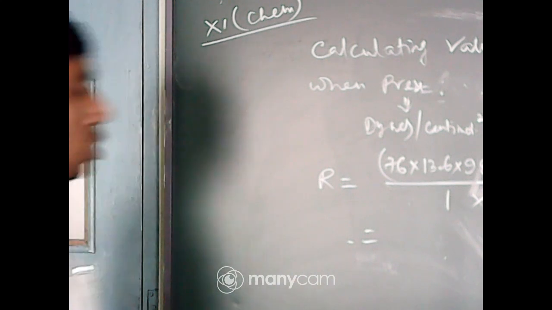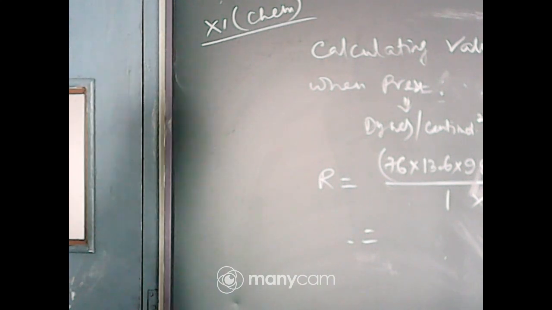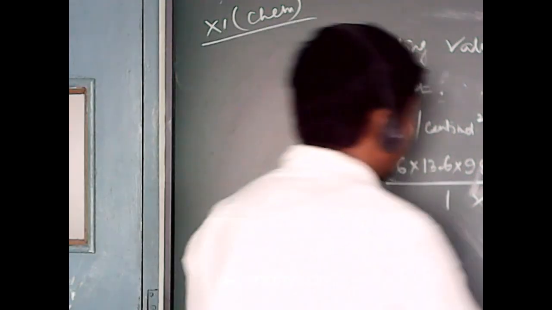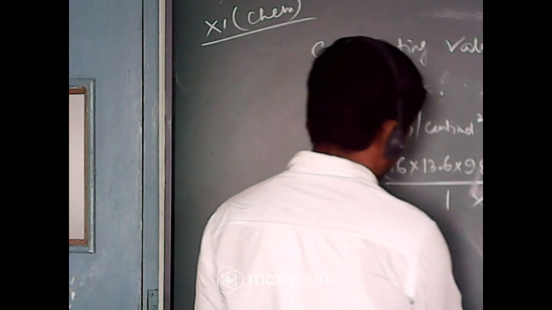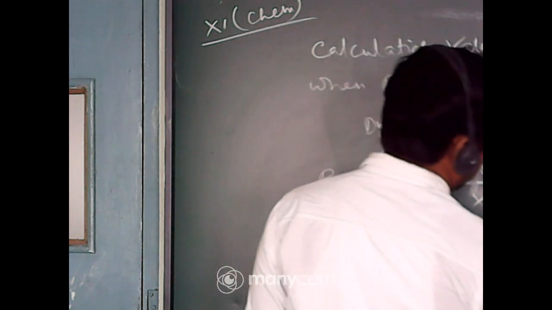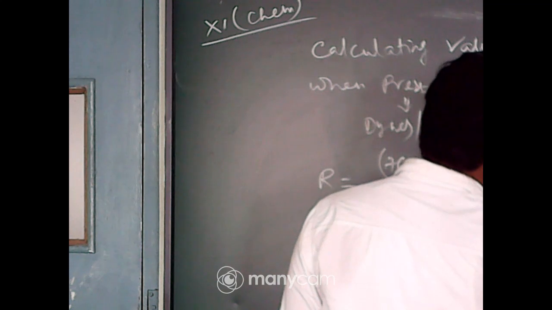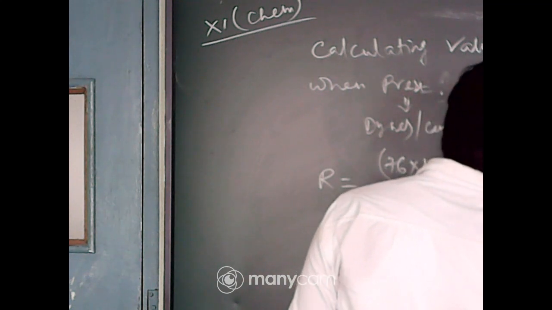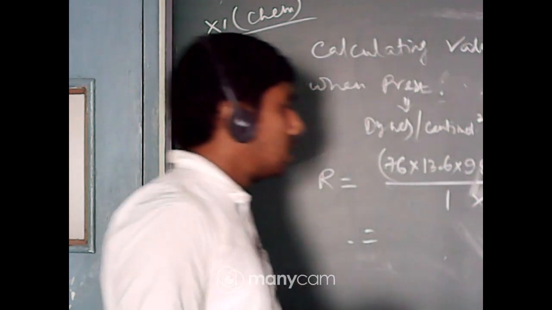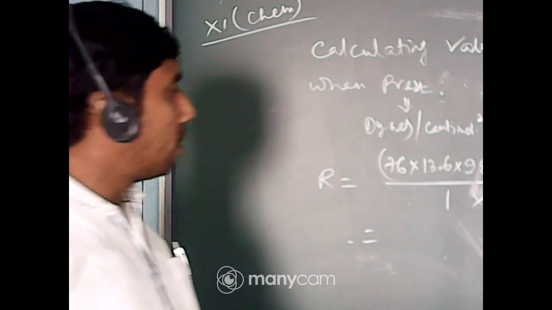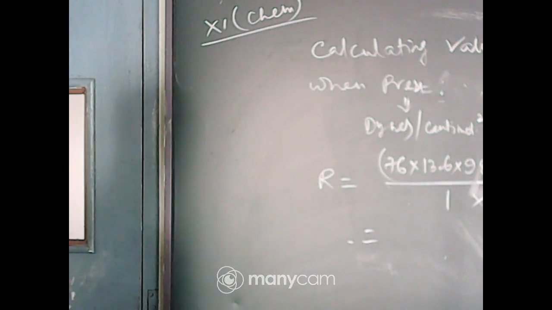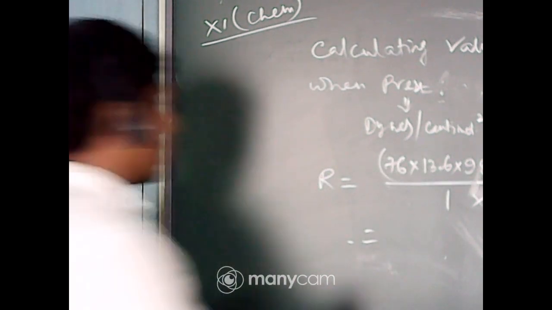then it is a unit of work. So it would be the dyne into centimeter into mole inverse Kelvin inverse. This is the unit, and this numeric factor will be 8.314 into 10 to the power 7.